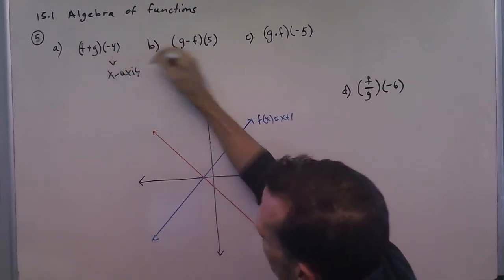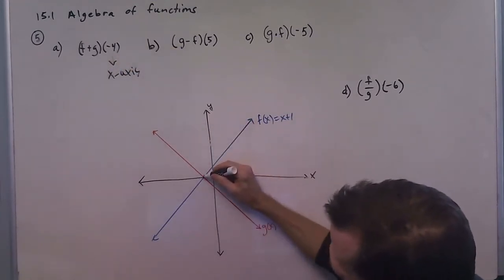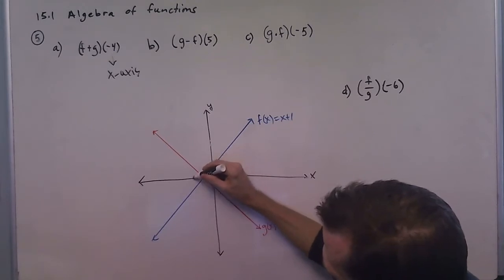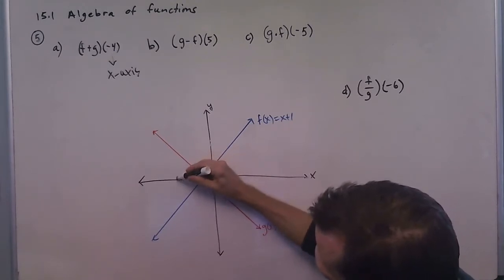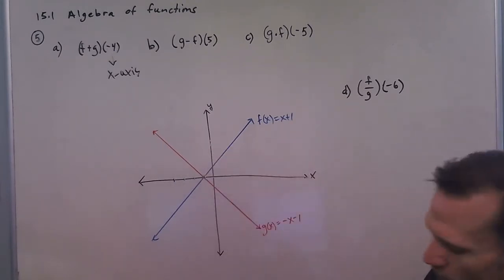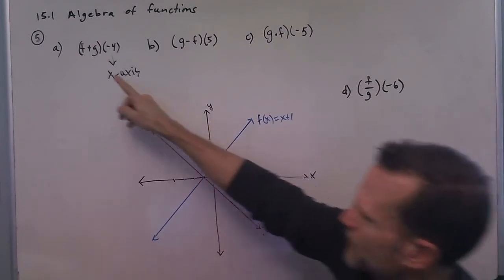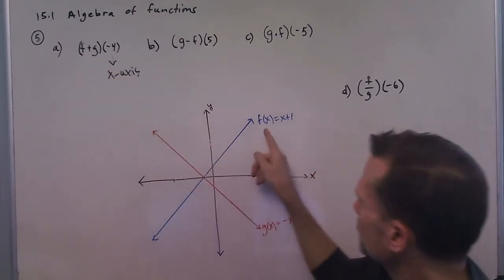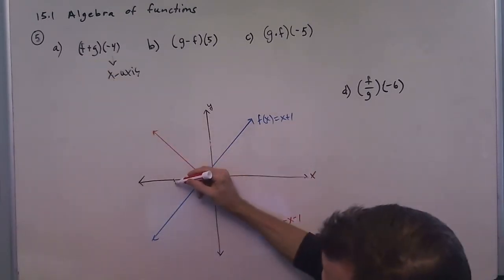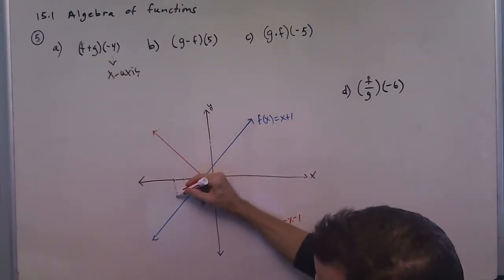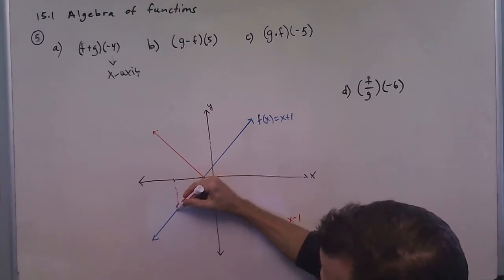Okay, so if I think about this and I walk out here, or visualize walking 4 steps out here, what I'd want to do then is look for the f function, because that's what's listed first here. So if I look down here, I see the f function right here.